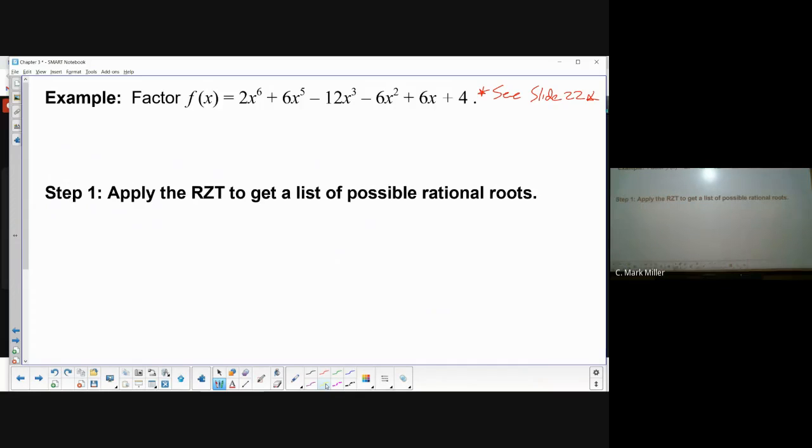All right? Now, we're going to factor it in these following steps. But first, let me tell you about the secret 0th step.